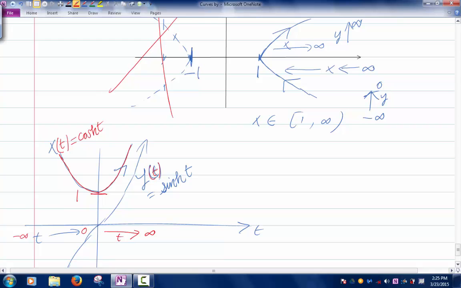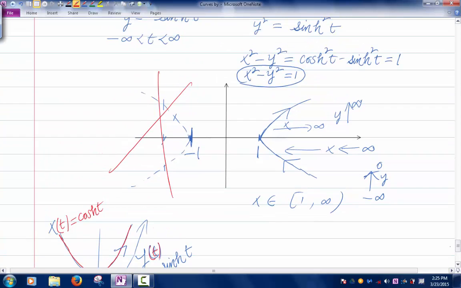So put them together, you know that you're moving in that upward direction along the curve, right? And if you think for a second, you see that you're getting the entire right half of the hyperbola in this way. Does that make sense?